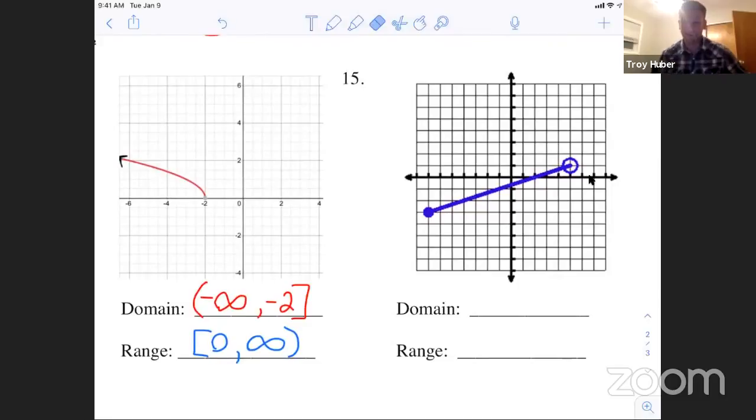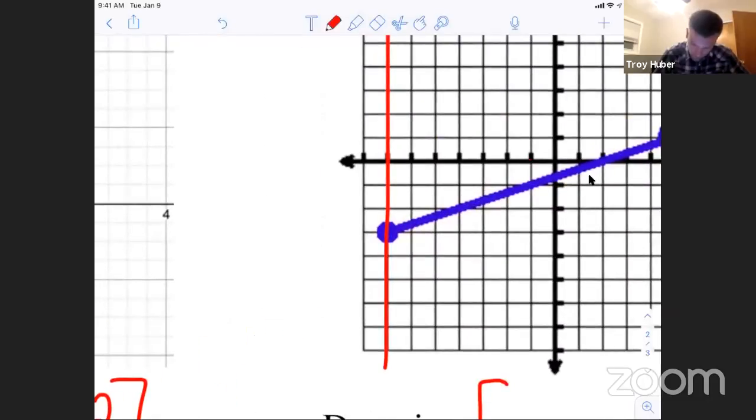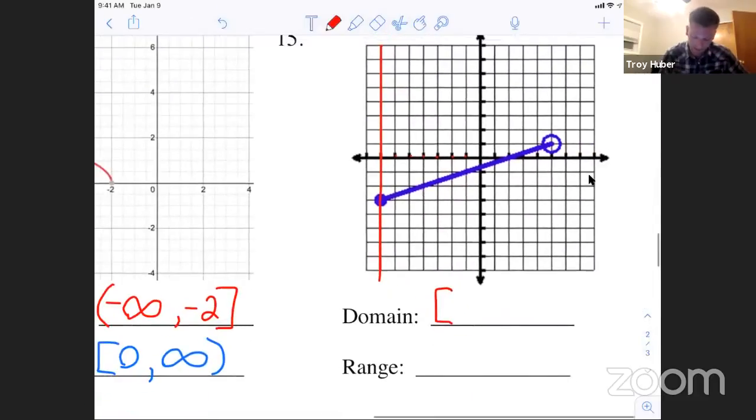All right, this is where we get a little tricky. So again, let's look left and right first. So I see left, we go up to this point here and it's filled in. So that means it's included. So I'm going to put a bracket right away. This I'm going to count -1, -2, -3, -4, -5, -6, -7 over to the left.